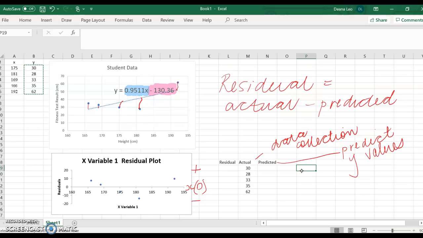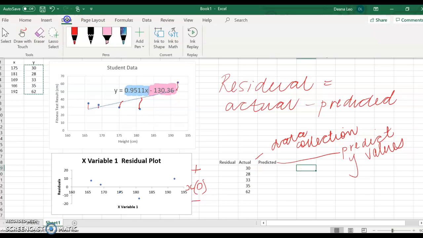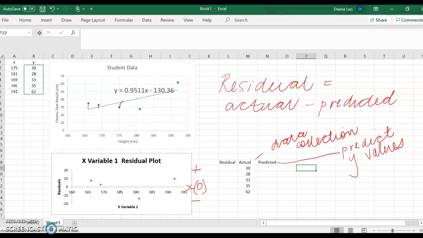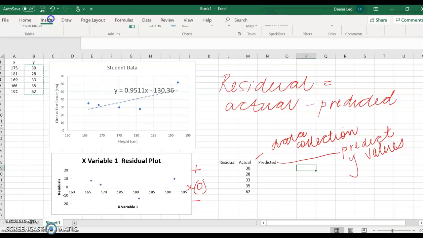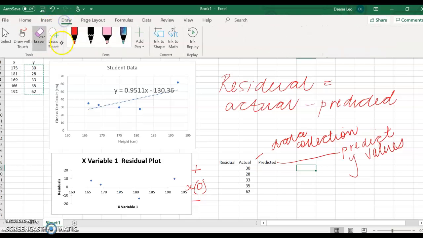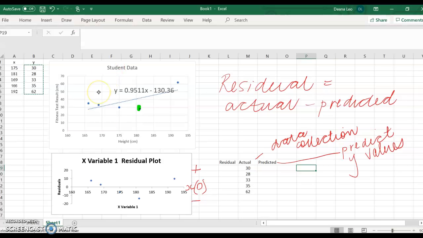Okay, so to put it into context, it's like this. It's like you're saying, I collected data on grade 11 students, their height and their fitness test results, and this is what I got. All of these little bits of data, there you are, your actuals. But you're going to say, I want to see a prediction.